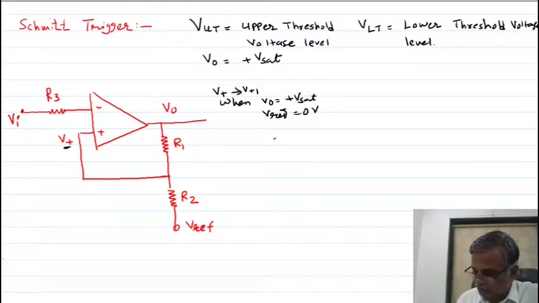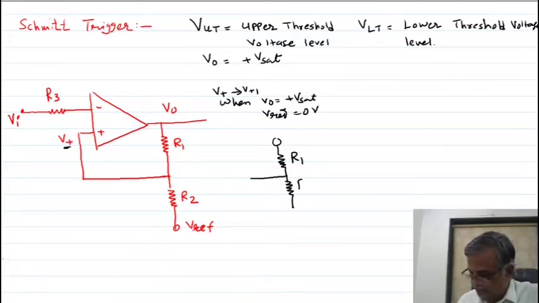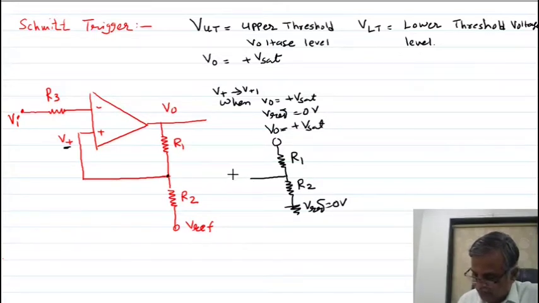I can draw the output section: this is R2, and V reference is 0, so this is ground. VO is plus Vsat, and this point is V plus 1. So V plus 1 is Vsat into R2 upon R1 plus R2.